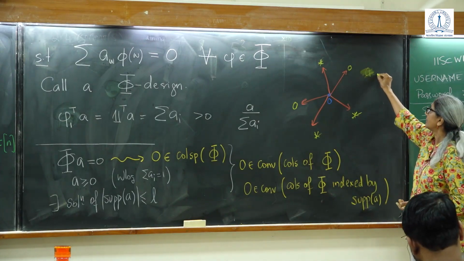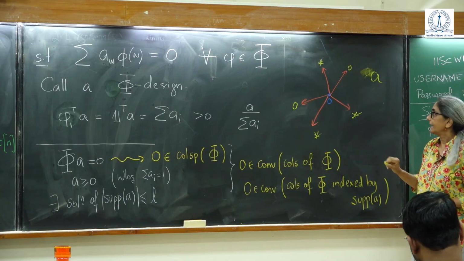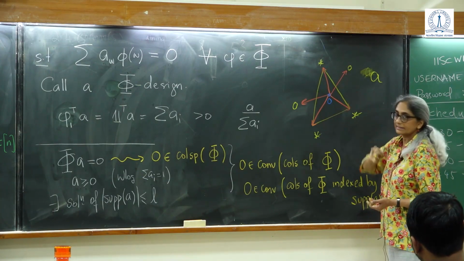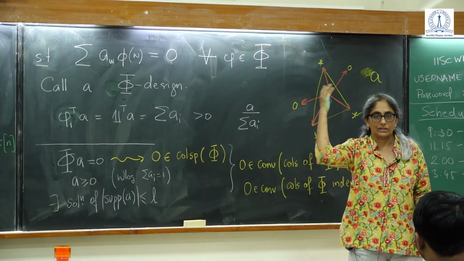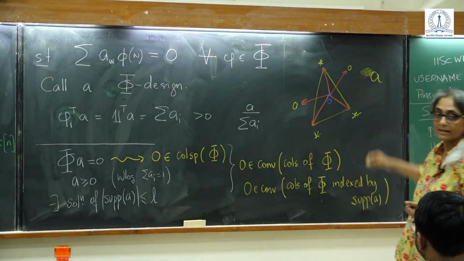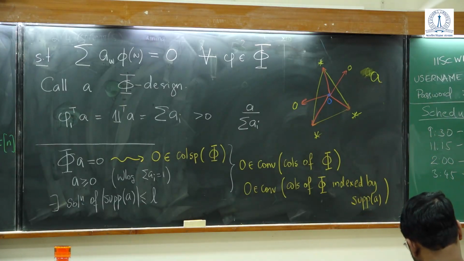This could be how the A vector looks. Then I'm just getting that 0 is in the convex hull of these 3 things. The others are not being used, right? Because those are 0 times the columns.